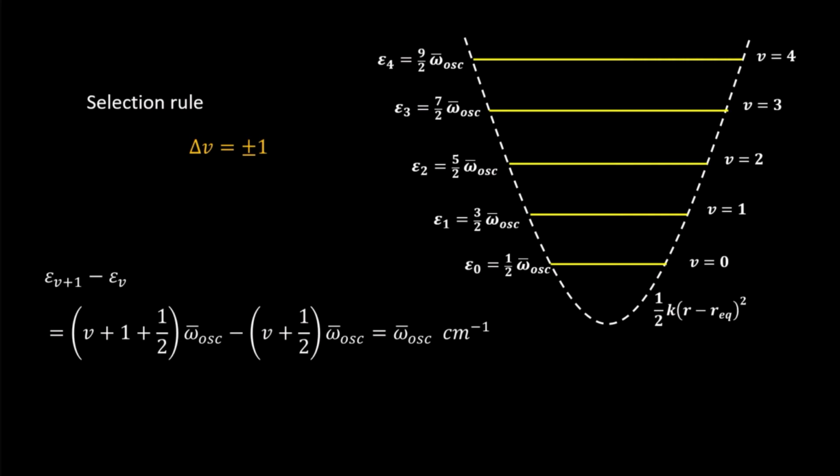Therefore, the spectral line corresponding to the transitions from any vibrational level to the immediate neighbor level will give a single absorption or emission line at omega_osc bar centimeter inverse.